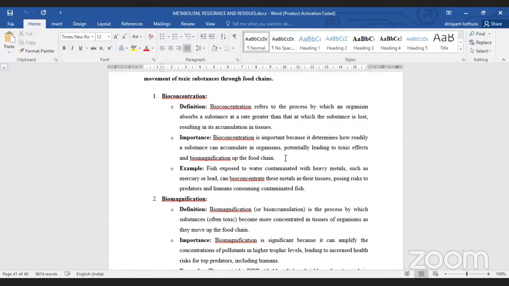greater than that at which the substance is lost, resulting in its accumulation in tissues. That means entering of the pollutants into the organism and accumulating, and that means remaining in the organism, that is in the living organism, is called bioaccumulation.